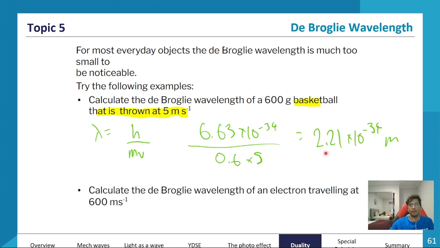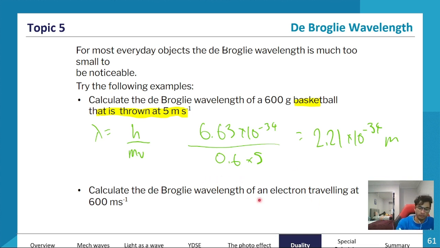Well, the thing is, for everyday objects, this number is just so small that it doesn't matter, right? You can't make a slit that is that small that's going to make the basketball diffract. That's just physically impossible. So even though everyday objects have a wavelength, it's so small that it's pretty much irrelevant. And you can do the same sort of calculation for electrons.